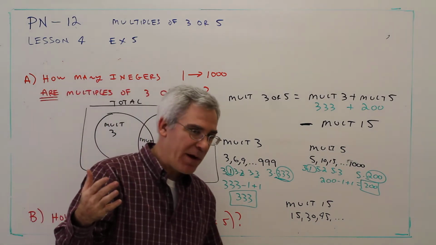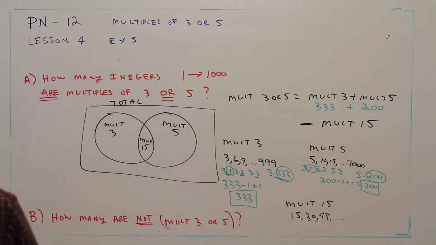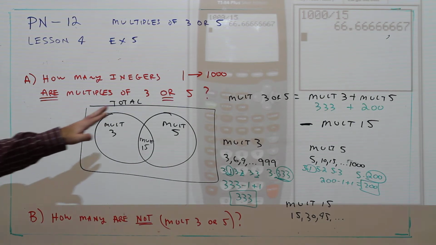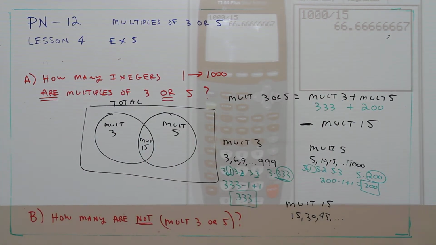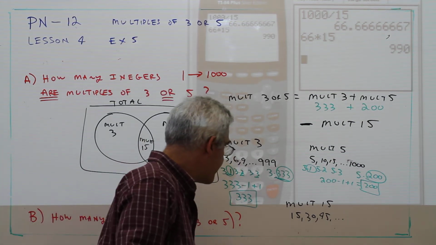And now we got to find the multiples of 15. And again, I'm not so good with my multiples of 15. Let me show you how I find out how it ends. All I'm going to do is take 1,000 divided by 15, and I get that. I'm going to take that whole part, 66, and find out 990 is my highest.